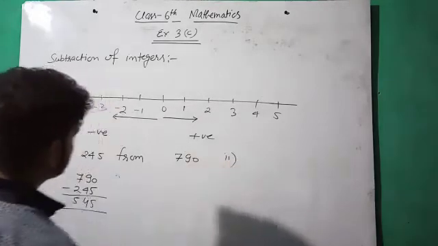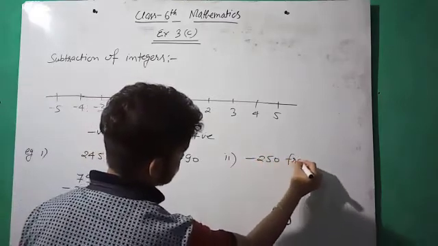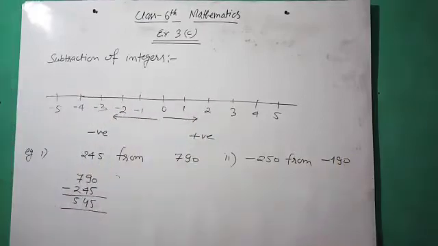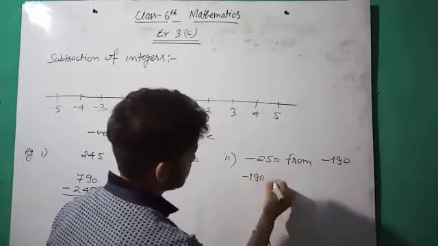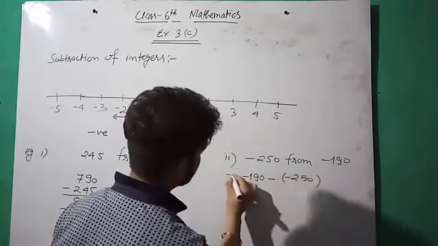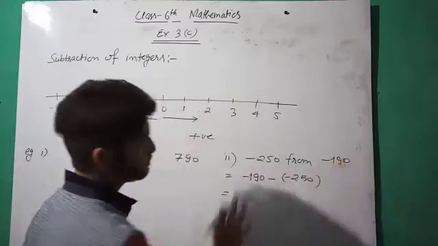Second example, we have minus 250 from minus 190. Okay, now what we have to do? Minus 190 minus of minus 250. Minus 190 में से minus 250 माइनस करना है.